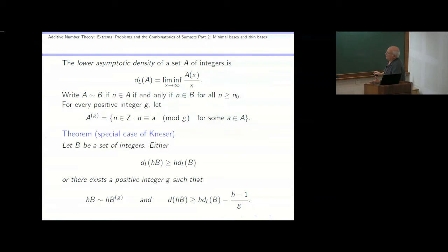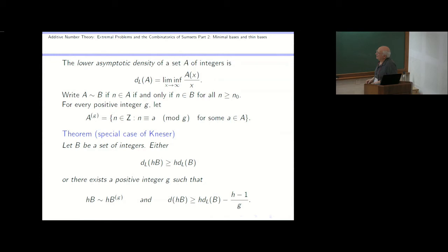The limit exists. And if these two sets eventually coincide, the density of this is the density of this. I can drop the L here for the D. So the density of the h-fold sumset is greater than or equal to h times the density of B minus (h minus 1) over g.